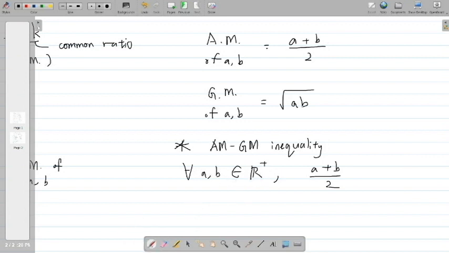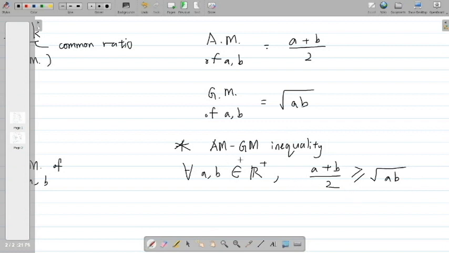Positive reals, I think. Yeah, positive reals. For all of them which are positive reals, the reason it has to be positive is so that we don't run into negative number problems with this. This is greater than or equal to the square root of AB.